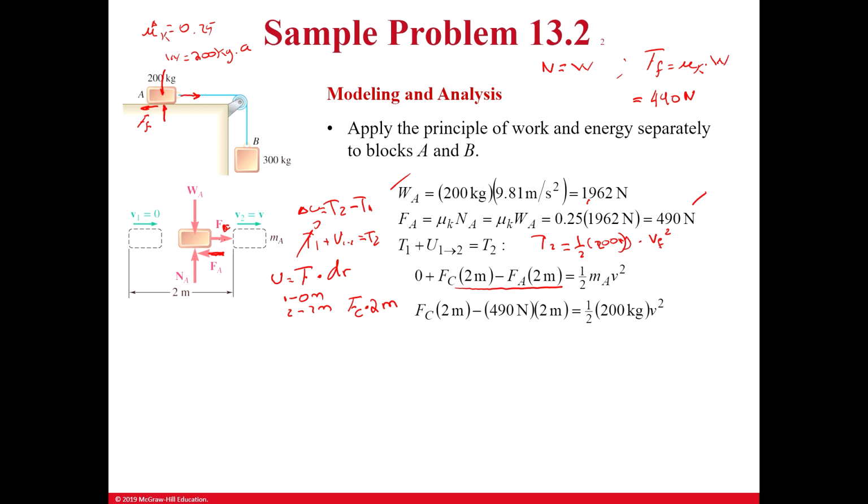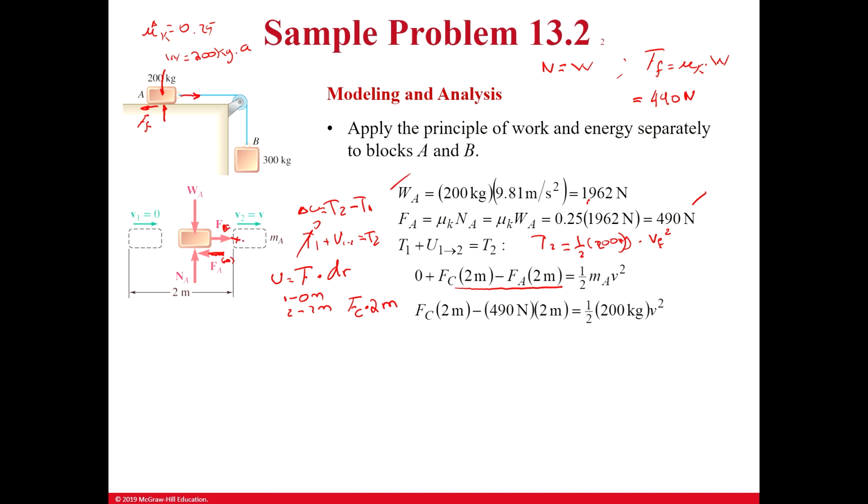This Fc is positive, not only because it's on the right hand side, which is not as important since it's not with respect to a coordinate system, but because this is making it gain energy, while Fa is making it lose energy. If Fa was lower, this distance would be higher at the same Fc. So make sure you understand the convention here.